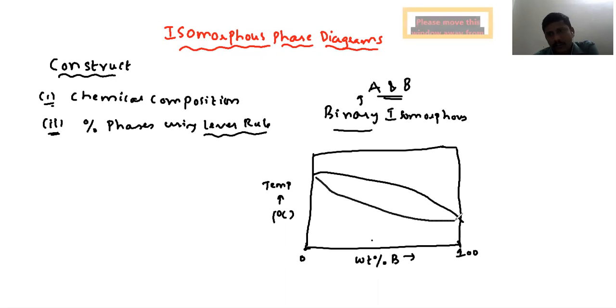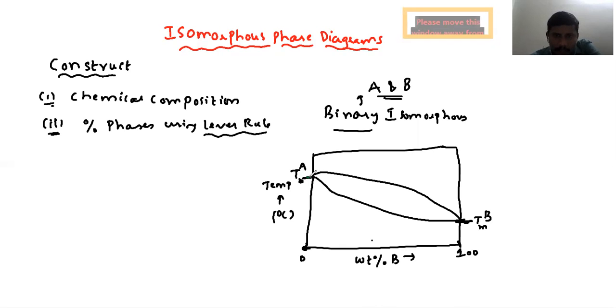This point indicates 0% of B, implying this point will be the melting point temperature of pure metal A, and this point corresponds to 100% of B, implying 0% of A. So obviously this point corresponds to the melting point temperature of B. Now, having constructed the isomorphous phase diagram, we will identify the different phases in this diagram.